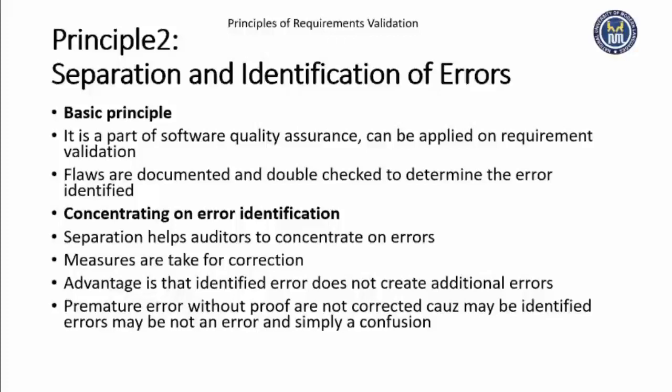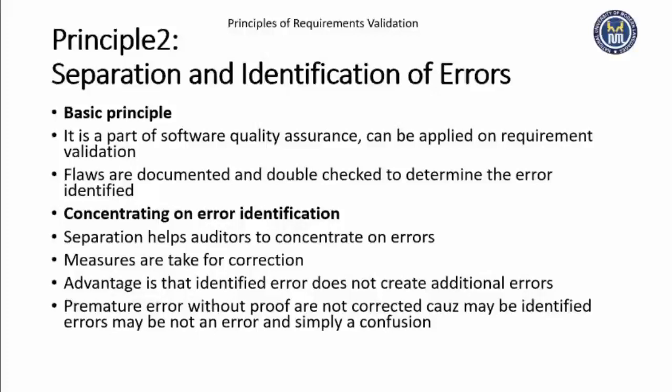Measures are taken for corrections. The advantage is that identified errors do not create additional errors. Premature errors without proof are not corrected, because maybe they are identified as an error but actually they are not an error, or just simply a confusion which is not identified or examined yet.